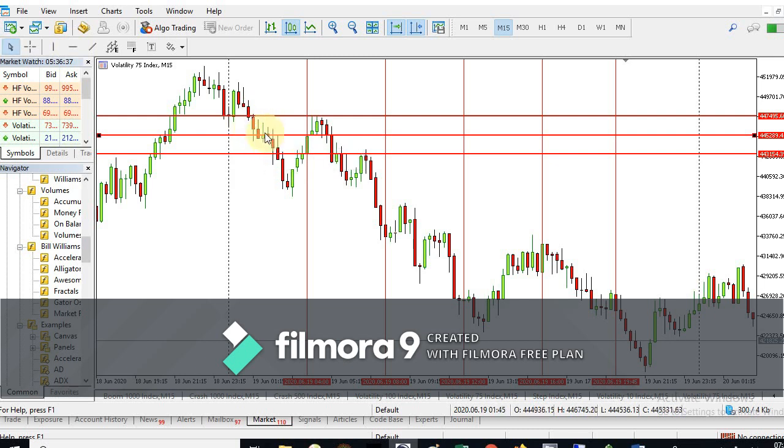Then we'll look at the close price before the separator here and the close price before the separator here. What do we have? Is it a downward movement or an upward movement? As we can see, we have a downward movement here.